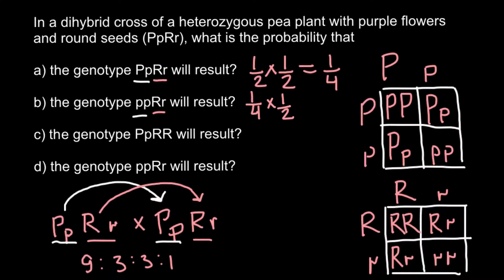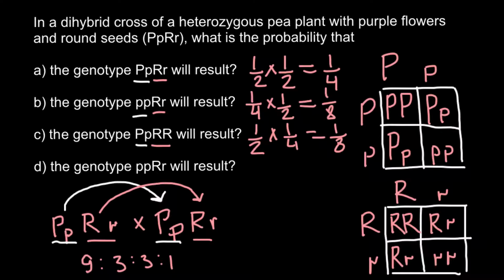Once again, we use the product rule, and the probability would be 1/8. Next question, heterozygous for the gene P, and this is 1/2, and homozygous dominant for the gene R. As you see, probability is 1/4, so we have to multiply by 1/4, and the answer would be 1/8.